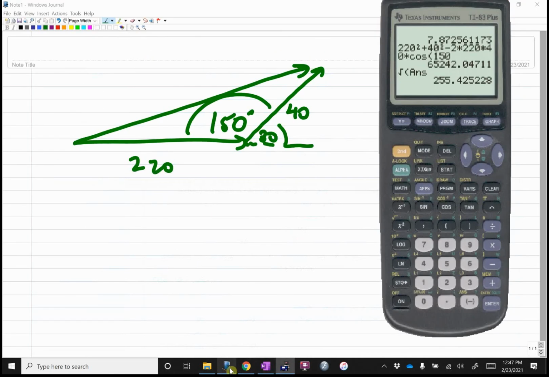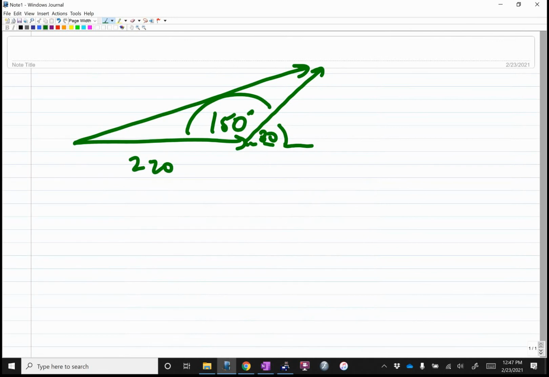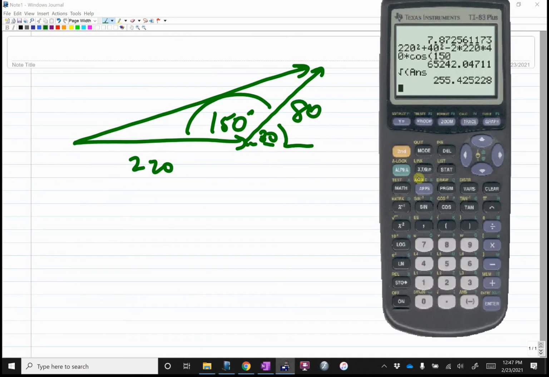I did write it down wrong. Well, that'll fix it. 220 squared plus 80 squared minus 2 times 220 times the cosine of 150, square root. Helps if you copy the question down wrong. There we go. That gives you the magnitude of the 292, and then you use the sine law.